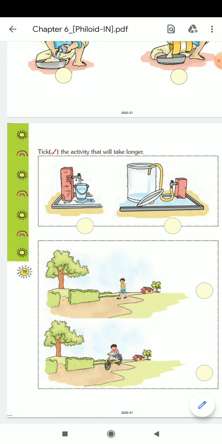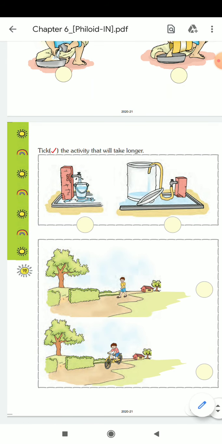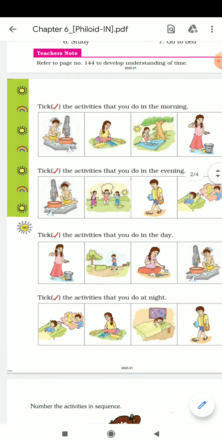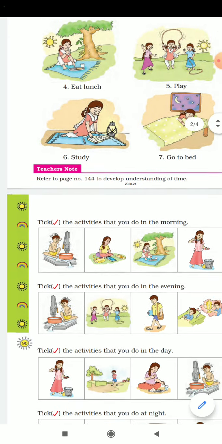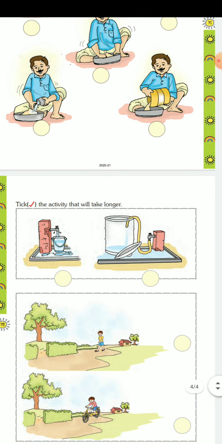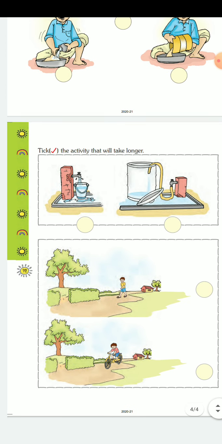So children, this is it. Your maths exercise is finished. You have to complete from page number 89 to page number 92 in your book. In the next video, I will come with the new topic or new work.